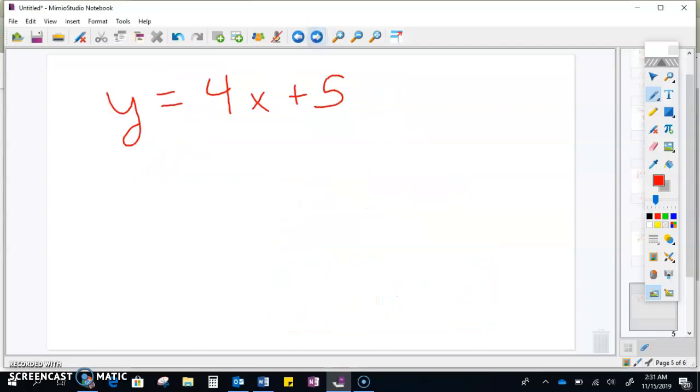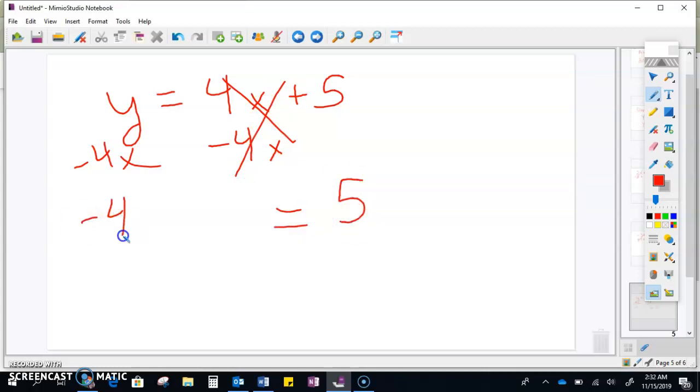Now the next thing I want to look at is how do we take a slope-intercept form equation and change it to standard form. We want both x and y on the same side, so we're going to subtract 4x on both sides. This cancels here. We're left with 5 by itself, and then we have negative 4x plus y.